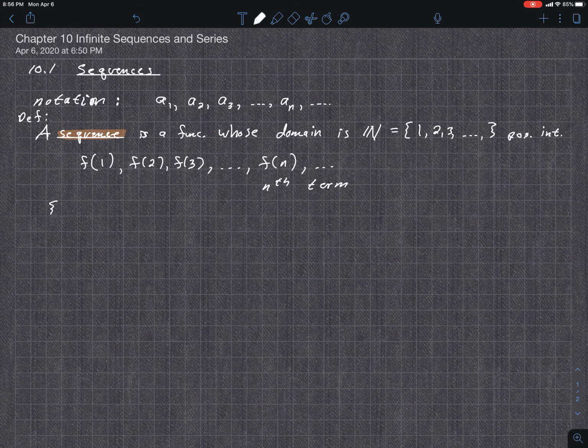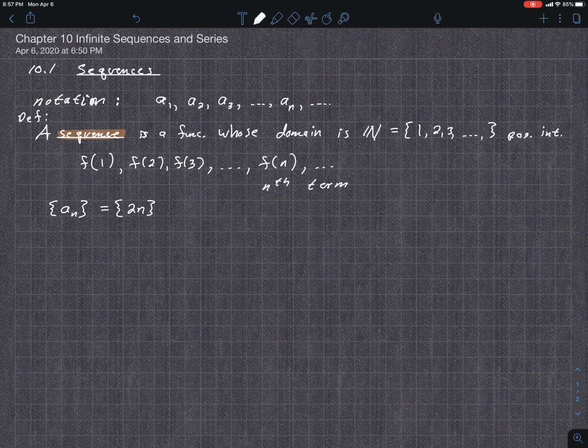So let's look at an example of a sequence and some other notation. The other notation looks kind of like a set, but it implies that it's a sequence. So you would say the sequence a sub n. Let's suppose the sequence a sub n is just 2n.